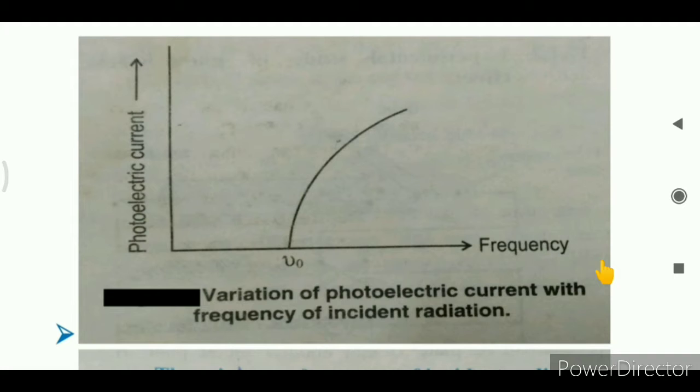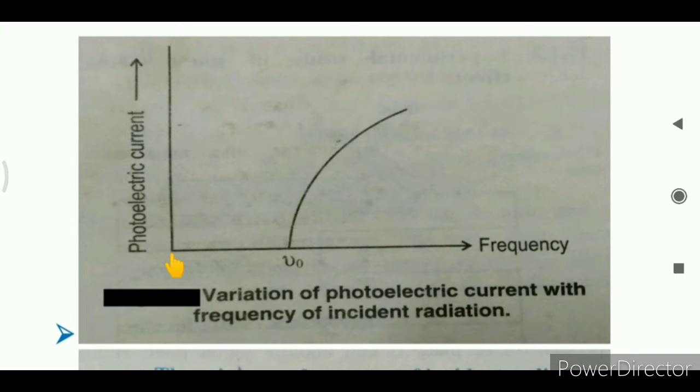In this graph it is very clear that on the x-axis a certain frequency nu 0 is marked, below which you can see no value of photoelectric current is observed.